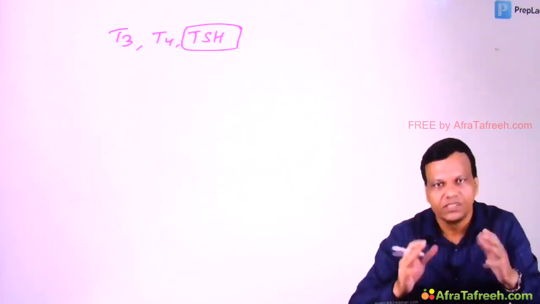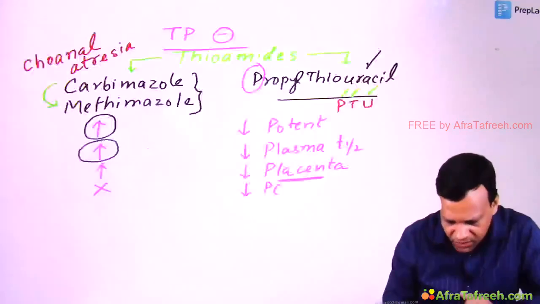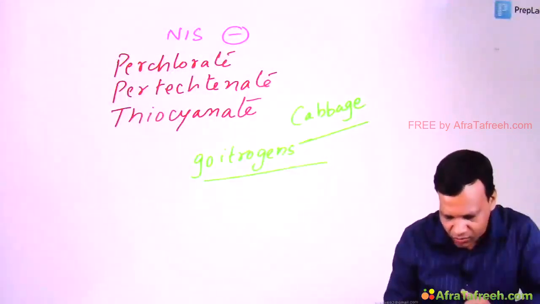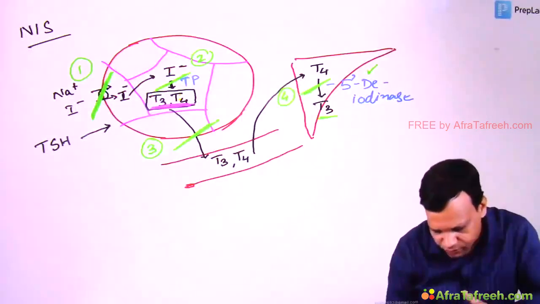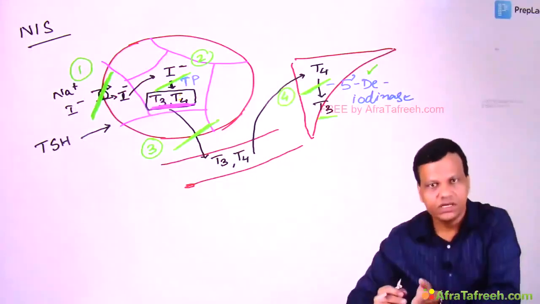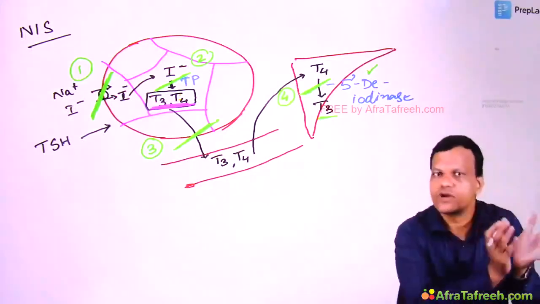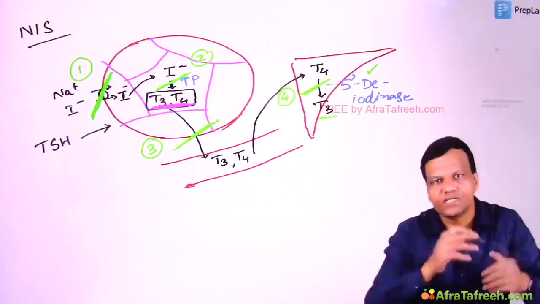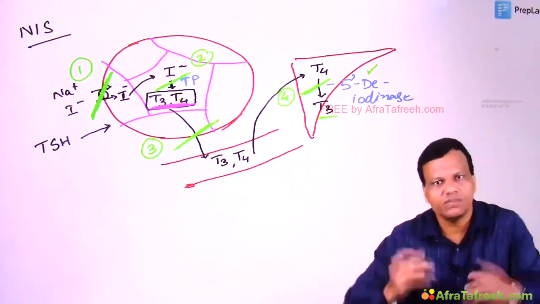Why did this happen? The reason is that a normal person has stores of thyroid hormones. T3 and T4 formation is stopped, but release is not. A normal person has a store for around 1-2 weeks. In hyperthyroidism, it will be even longer, maybe 3-4 weeks.